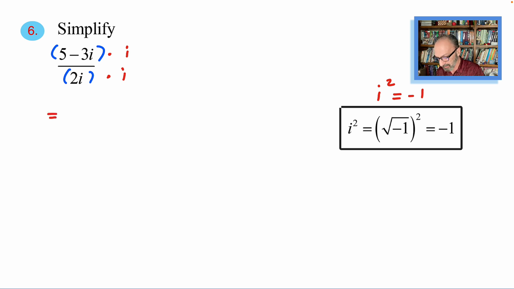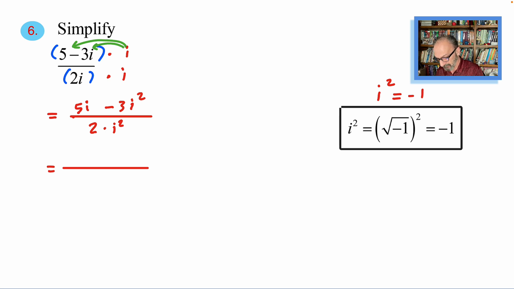Using the distributive on top, I will have 5 times I, because we're using the distributive, as I mentioned. 5 times I minus 3 times I squared times I again, which is 3i to the third. Down, it's 2 times I to the second equals 5i.